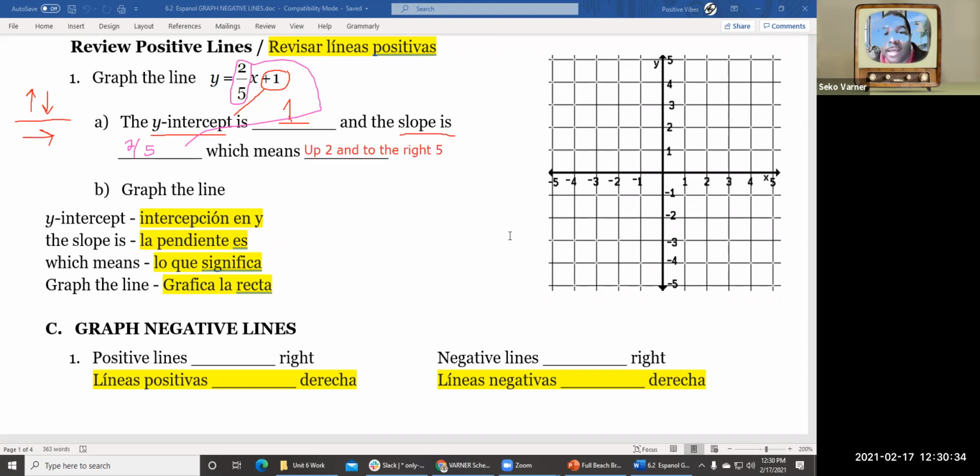All right, so let's play this game, okay? All right, so the y-intercept is 1. We've talked about the y-intercept, and this is the y-axis. So we're trying to find out where this point happens on the y-axis. So we're going to start here at the point of origin, and it says the y-intercept is 1. So we're just going to go up 1, and our point is right here.